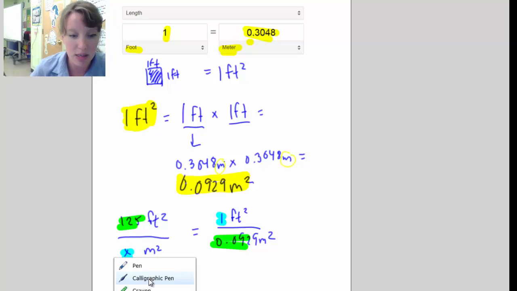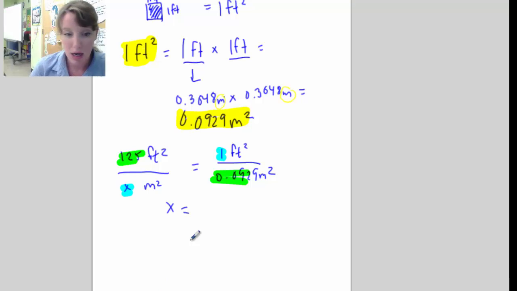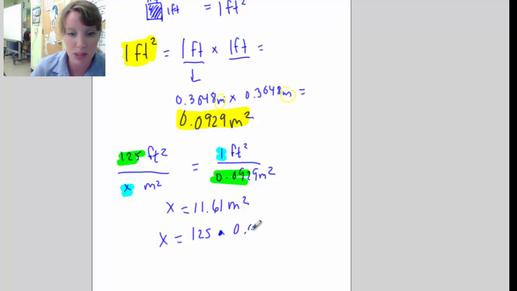So x ends up being equal to 11.61 meters squared. Again, x was equal to 125 times 0.0929, and so it gets this right here, and I rounded it to the nearest thousandth.